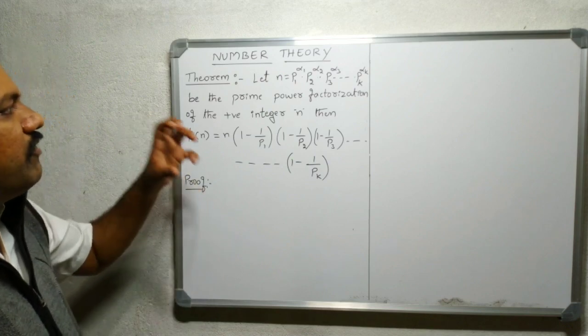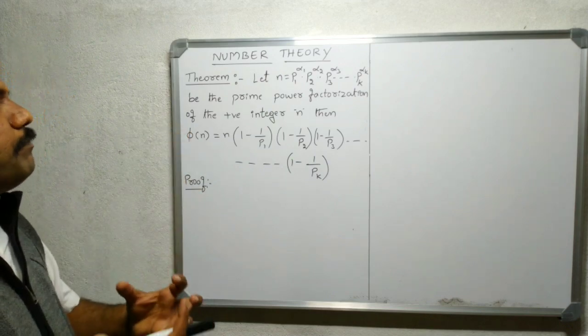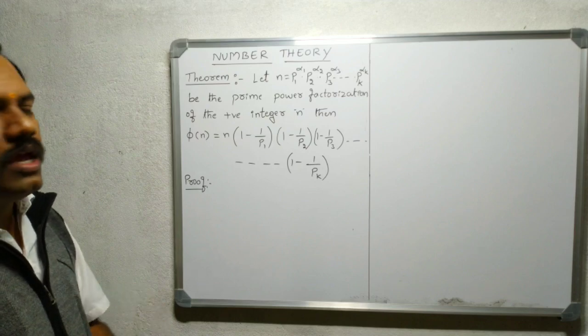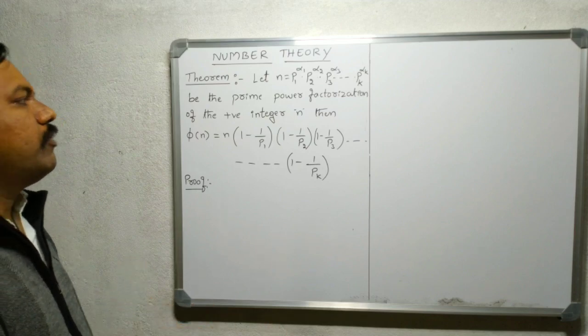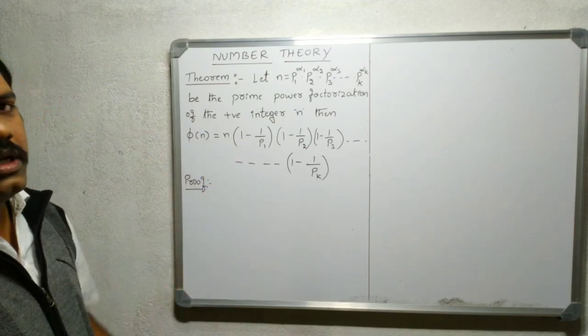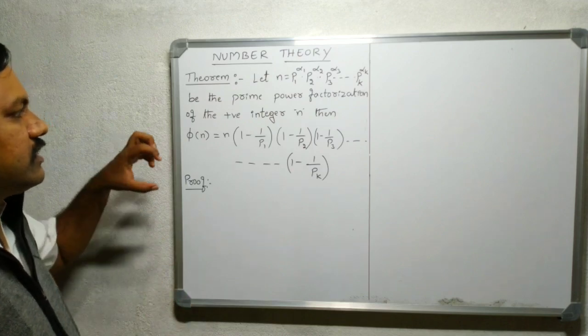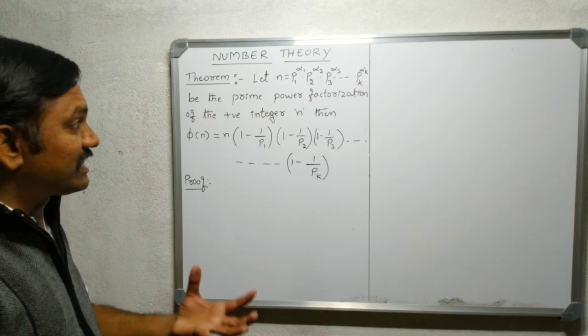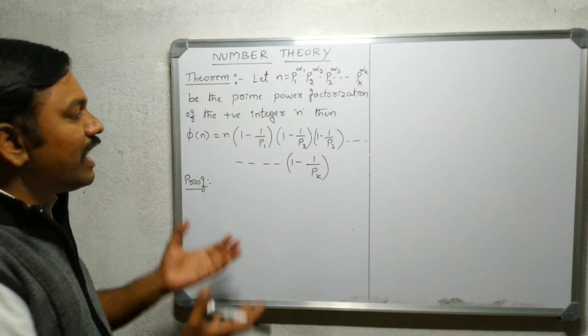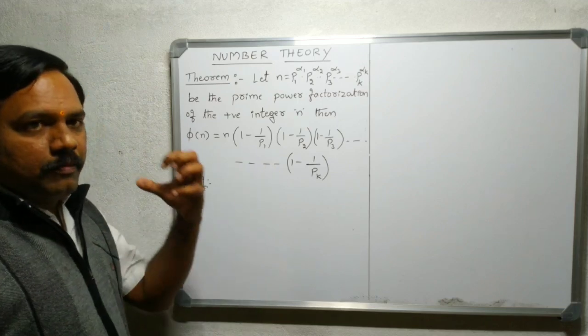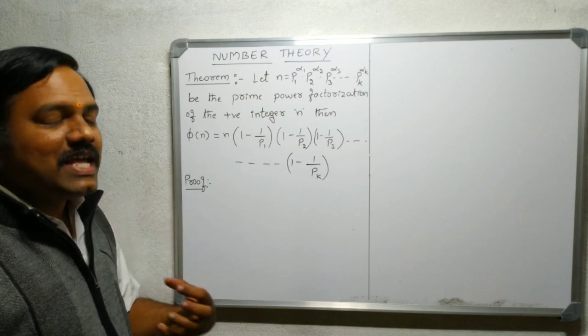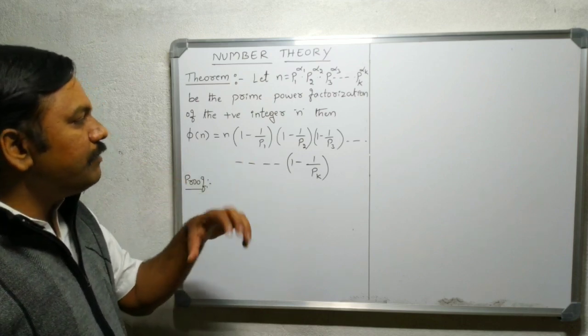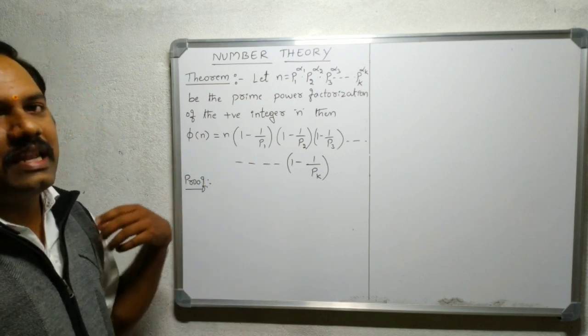That means if n is taken as a prime power factorization of the positive integer, then the number of positive integers less than n and prime to n can be written like this.